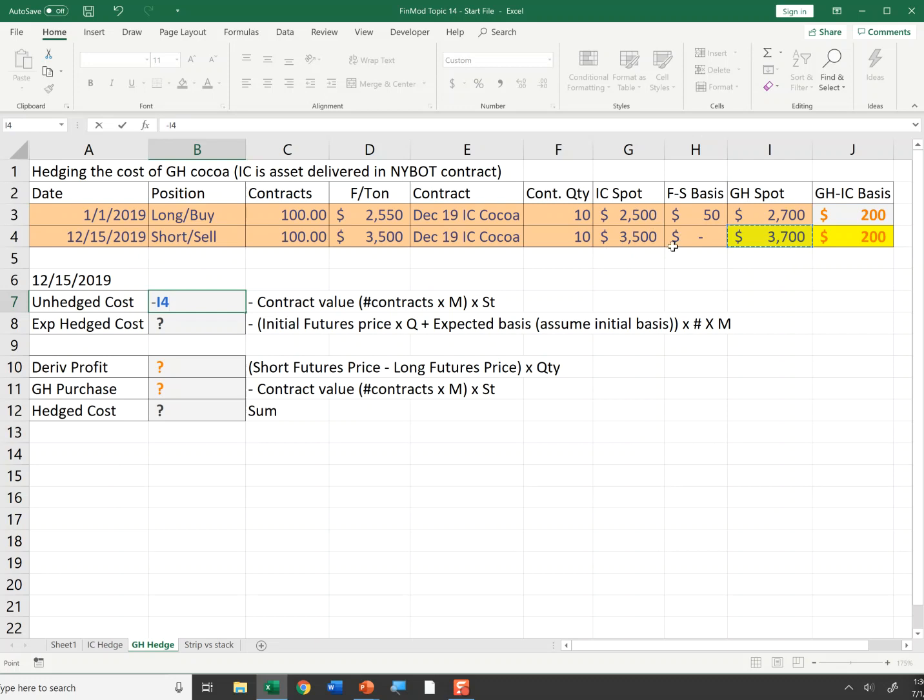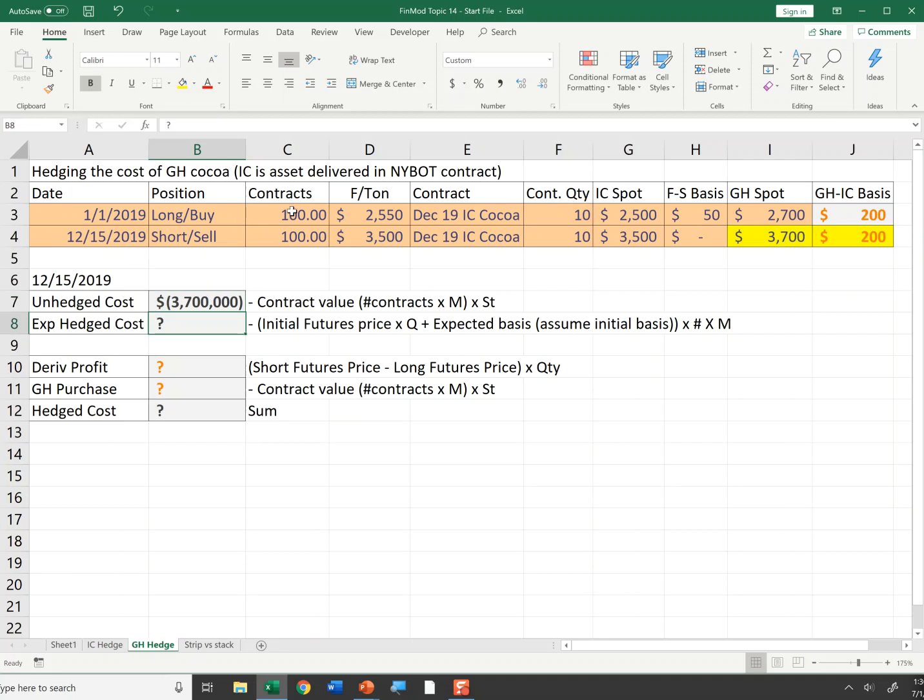So if the price of Ivory Coast cocoa jumps up to $3,500 and the basis between Ghana and Ivory Coast remains $200, that means Ghana cocoa is selling for $3,700. So they're going to spend $3,700 a ton, and again they want 1,000 tons. So they'd pay $3.7 million if they did not hedge using this contract.